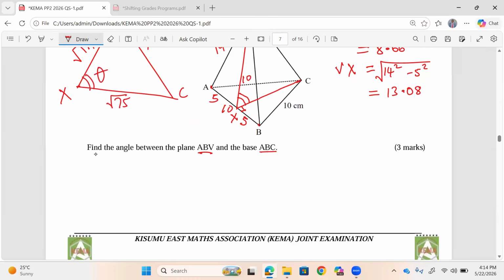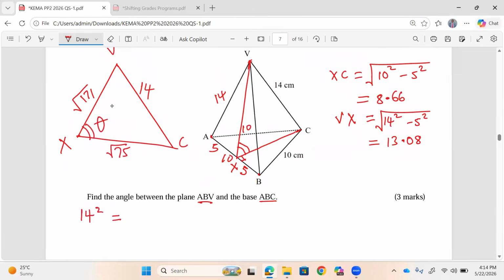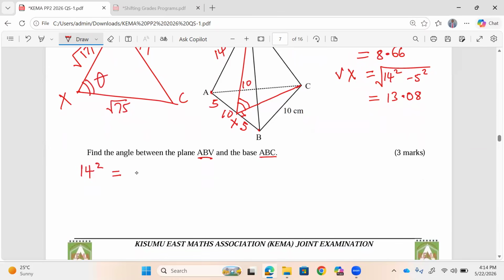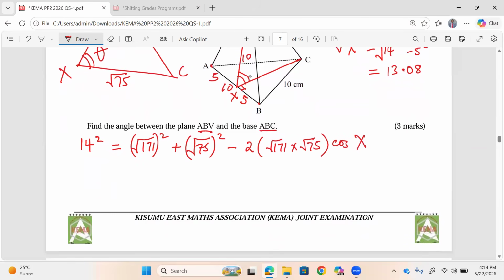So we start with 14 squared, according to the cosine rule, equals, we start with one side, let's say c squared. So the root of 171 squared plus the root of 75 also squared minus 2 root 171 times root 75, the cosine of the angle at X, the angle that we don't know.